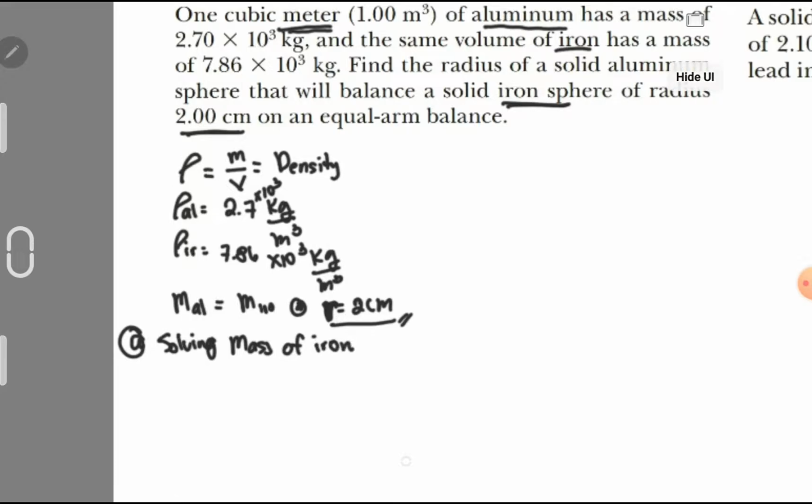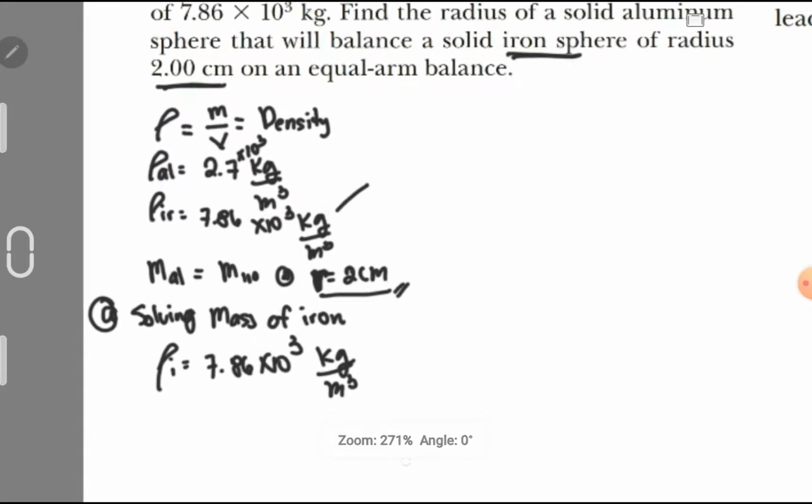So solving for the mass of iron, we know that the density of iron is given in the problem, which is equal to 7.86 times 10 raised to 3 kilogram per meter cube. Right? So I have my formula, mass over volume, for my density.